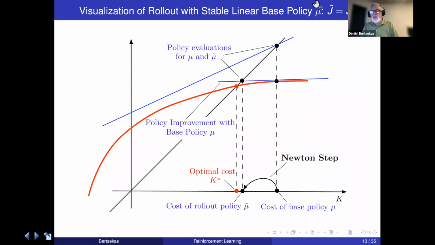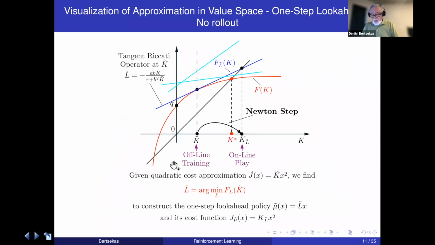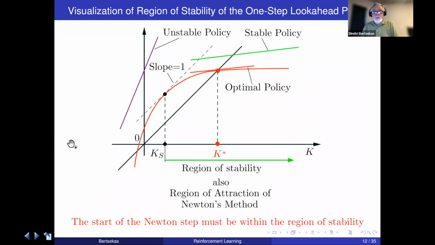On the other hand, if you start with J tilde, not necessarily the cost function of a certain policy, then the problem that you're running into is being on the left. But then again, it's not so much a big concern, but it is a concern in model predictive control and control problems in general.